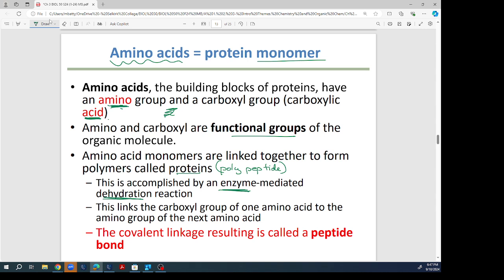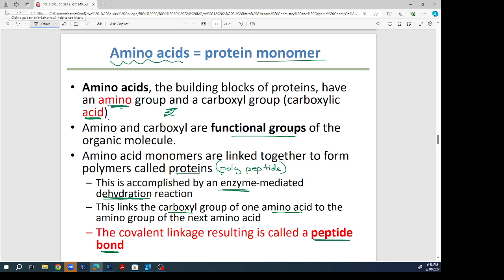If you think back to what that means, it means that water is coming out so that the two amino acids can actually link together. So that dehydration reaction links the carboxyl group of one and the amino group of the next amino acid to make a dipeptide, or two amino acids linked together. They're a dipeptide because the peptide bond is what's holding the amino acids together.